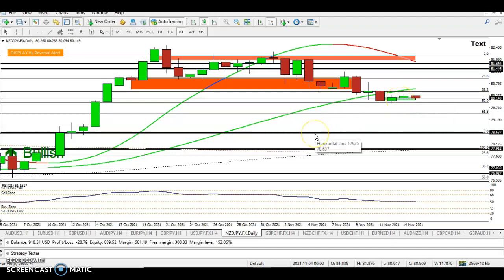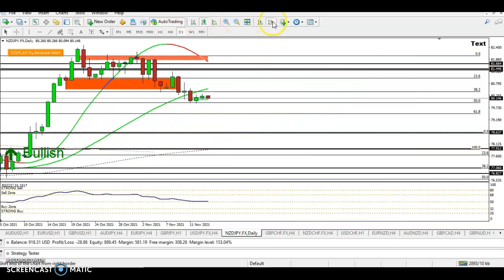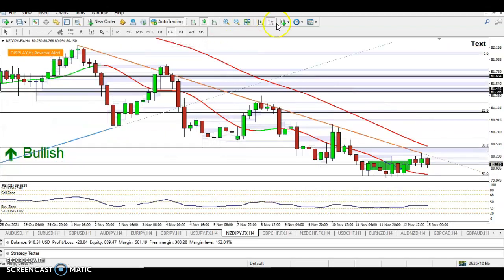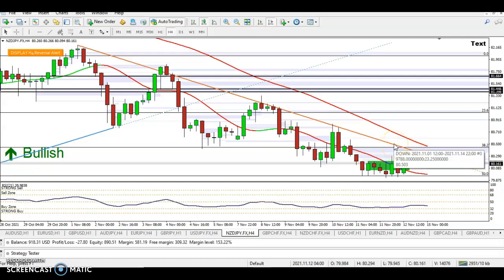Okay, so if it's retesting, it'll show a retest arrow, but NZDJPY shows bullish on the COT reports. So we're waiting for this 4 hour retest, HMA cross, and a signal and a trend line break.